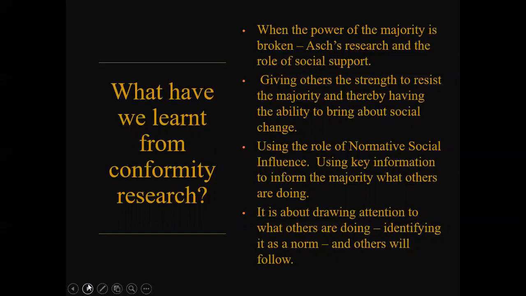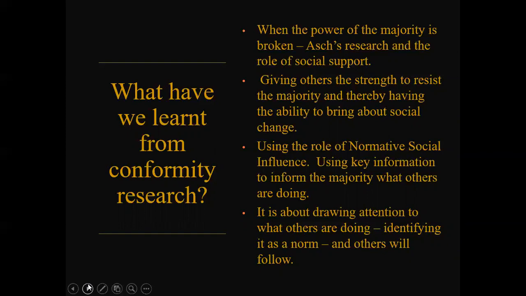But we're also looking at the idea of social influence, and we've looked at conformity and obedience. How can conformity bring about social change, and how can obedience bring about social change? So let's have a look at what we've learned from conformity research. I said it again, so mental note, stop saying so. Right, I'm digressing, let's get back.